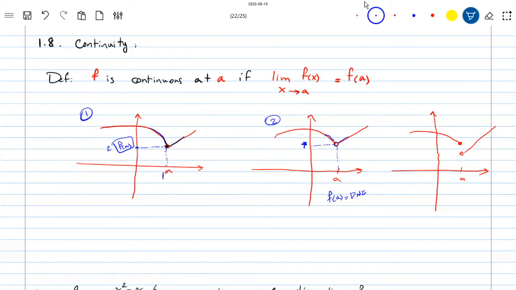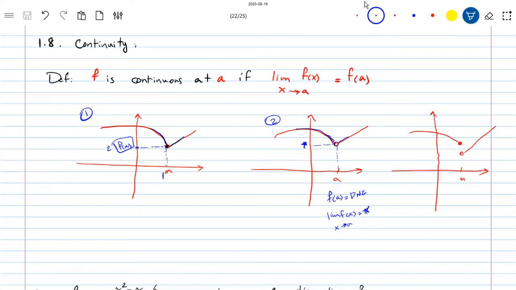So the limit of f of x as x approaches a would be star, but the value of the function does not exist. If you think about continuity, it means that if you start moving along the curve, you should reach that point and be able to continue without picking up the pen. In this case it's not possible because there is a hole in the graph and you cannot cross that point unless you pick up the pen.